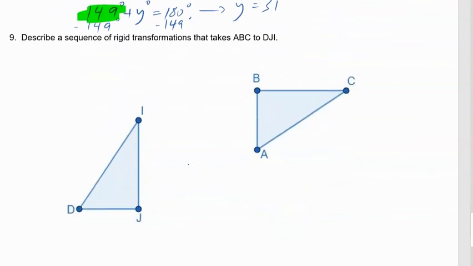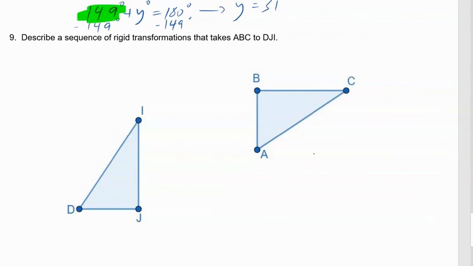All right, number 9, describe a sequence of rigid transformations that takes triangle ABC to DJI. Well, first things first, I notice right away they're not oriented to one another at all. So I'm going to go ahead and rotate.